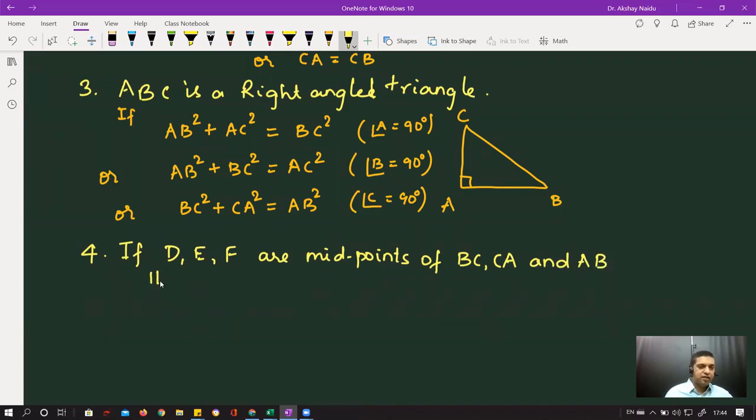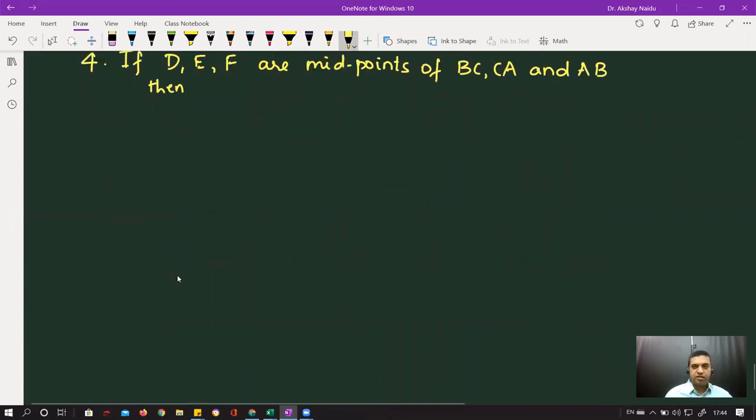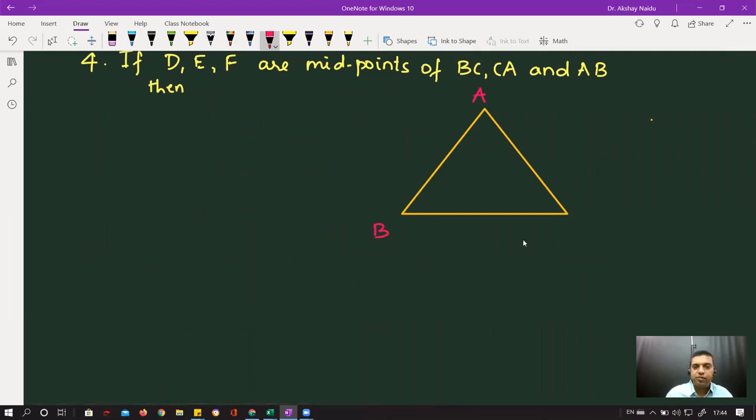Okay, then let's look at this. I'm closing the chat box for a while. So let's look at this triangle now. So this is A, B, C.